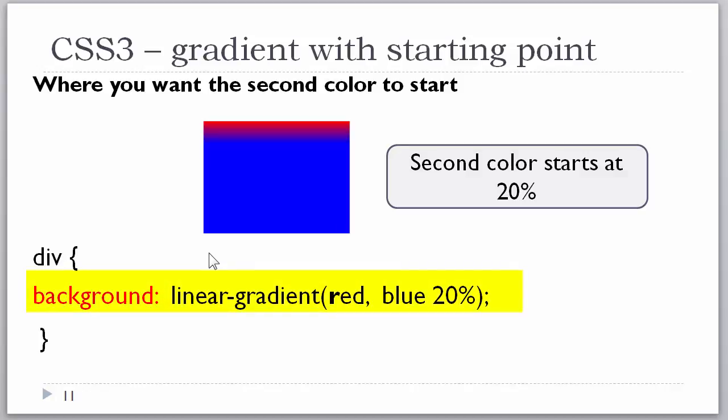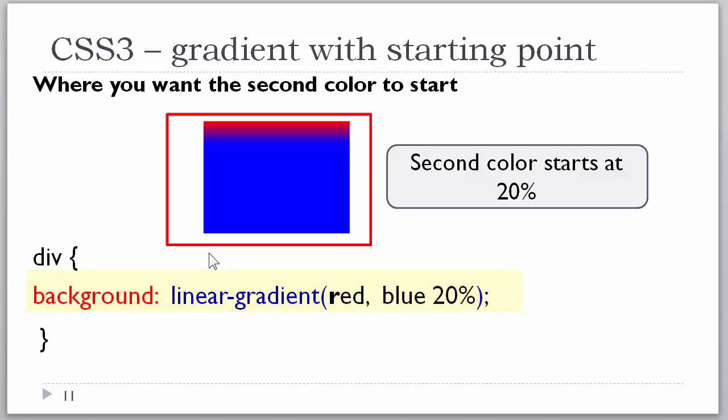In the linear gradient value, in our parentheses, our parameters are red, comma, blue 20%. That means that the blue will start 20% down, and you can see that happening, and eventually it's almost a solid blue. So you can create these starting points for your various colors. If you have 3 colors, you can have 2 starting points and more.